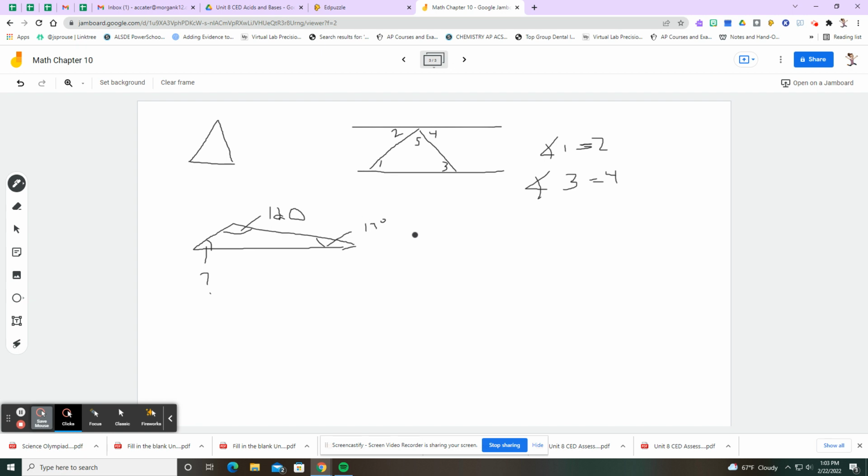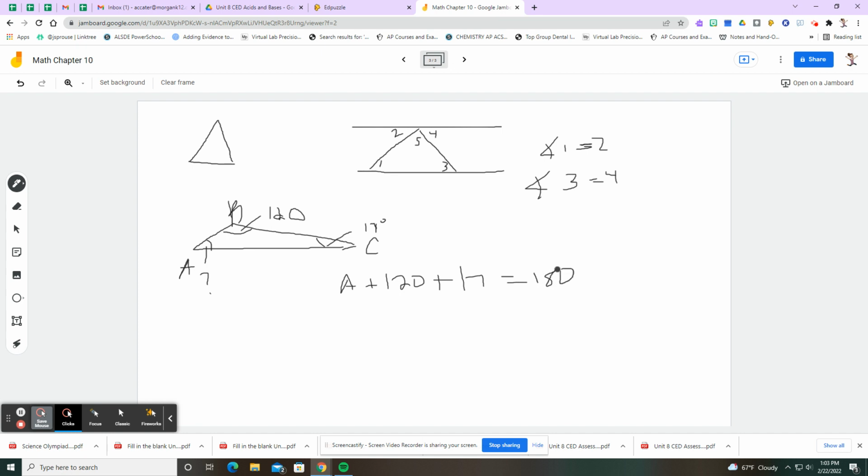So if I want to find that third angle, I'm just going to remember that all three of the interior angles have to add up to 180. So if that is A, and this is B, and this is C, then I know that A plus 120 plus 17 has to equal 180.